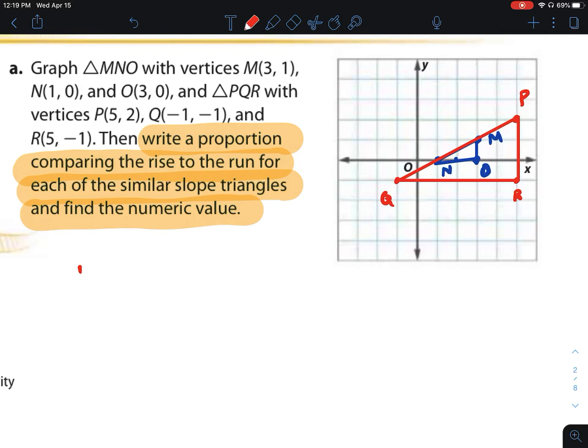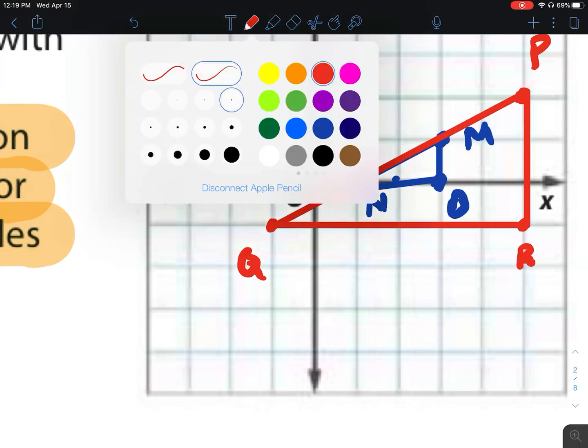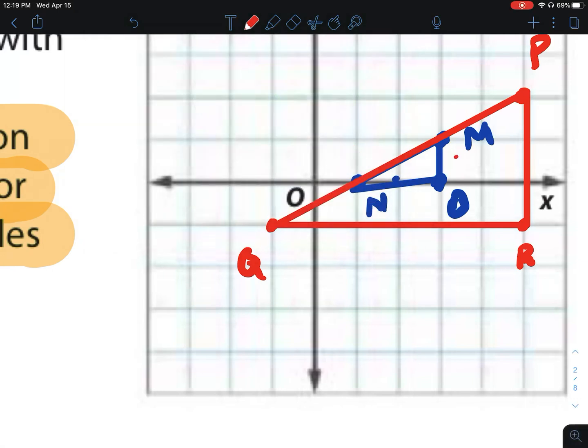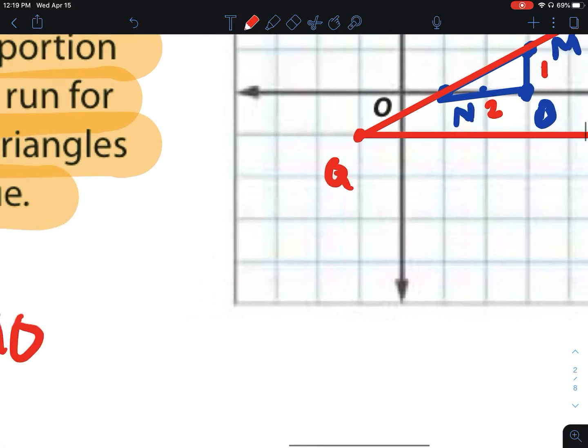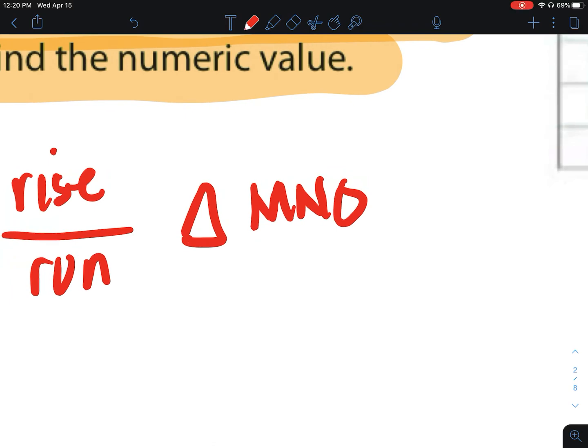So when you talk about rise over run, and we talk about triangle MNO, if you look at M and O, the rise is 1 going up, and the run is 2. So rise going up, one unit going up, 2 units to the run. So in triangle MNO, rise over run is equal to 1/2.